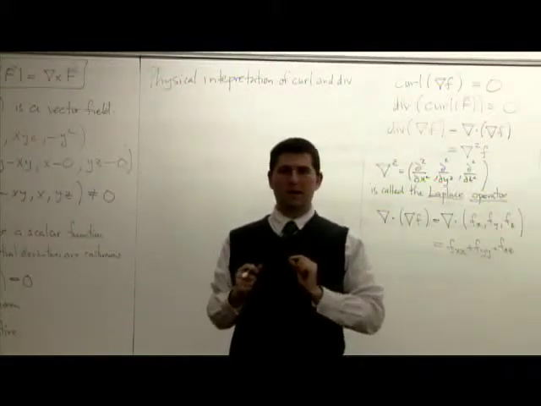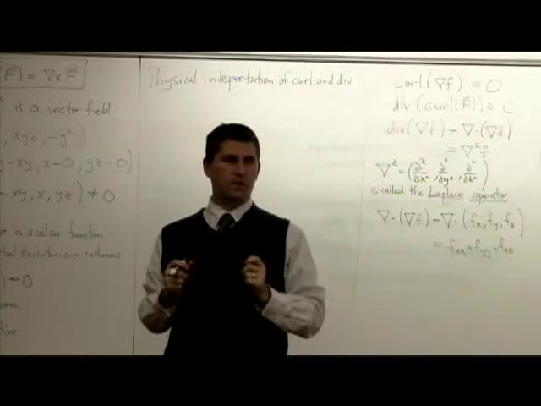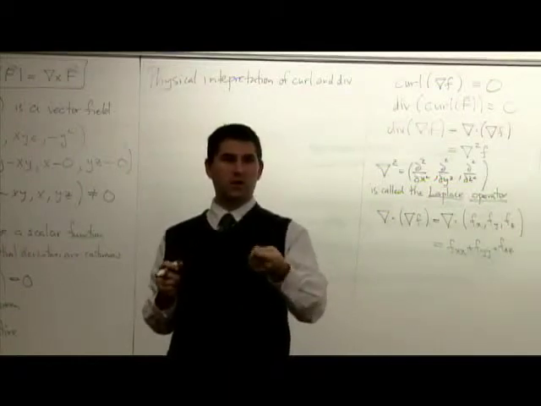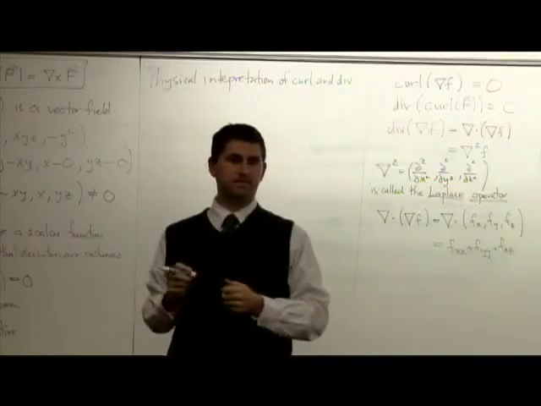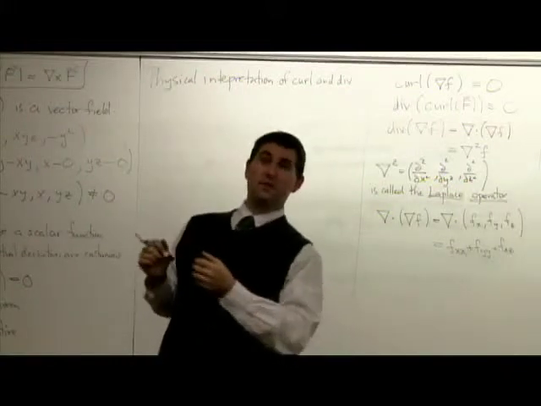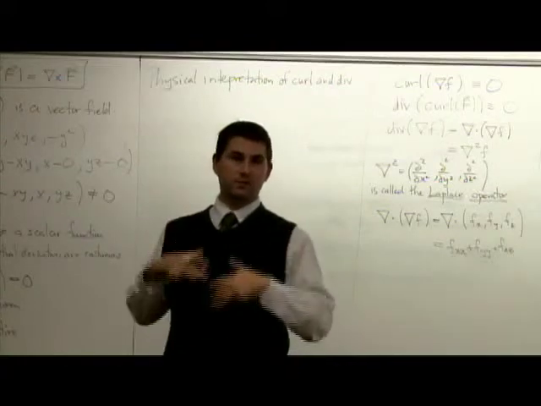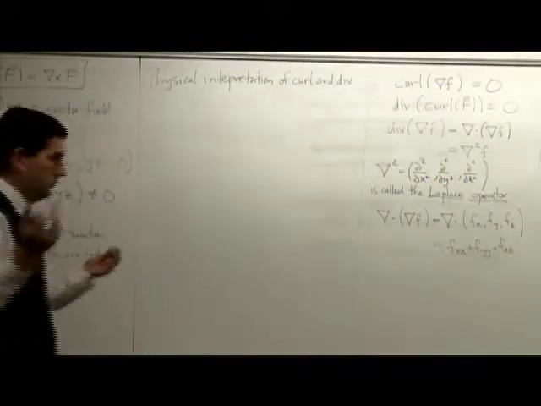It tells you which direction the function is increasing the most in. So if you're on the hill, it tells you the steepest direction to start walking. And the size of the gradient tells you how steep that is.